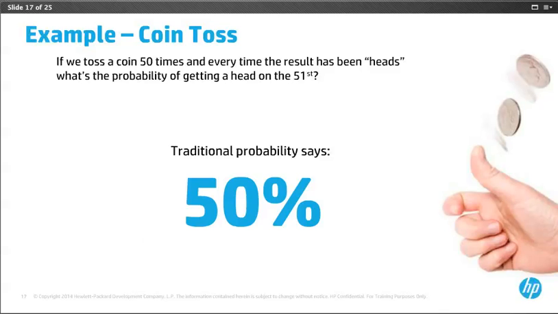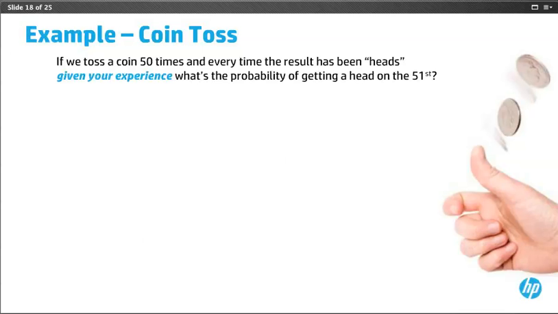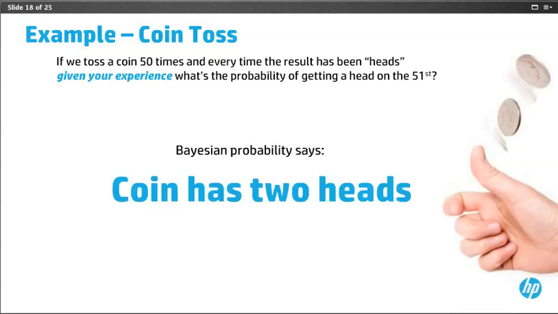Now, if you were a human watching, then you'd be absolutely sure that the coin has 2 heads. As a human, we're built to work in a Bayesian way. Humans start with no information as to how the world works. All the observations that we see allow us to update our model and thus act more intelligently as a result.